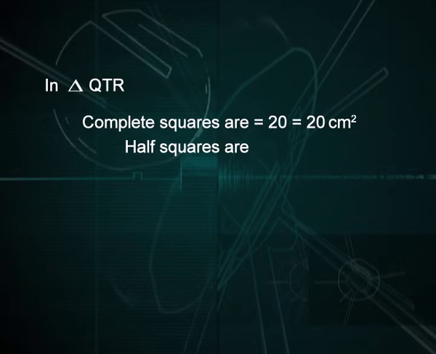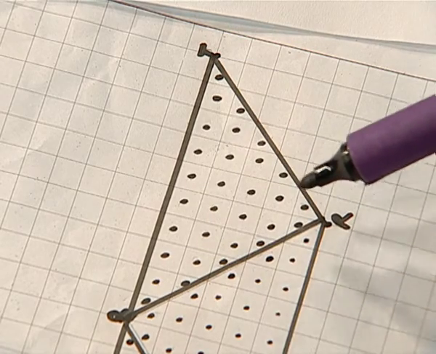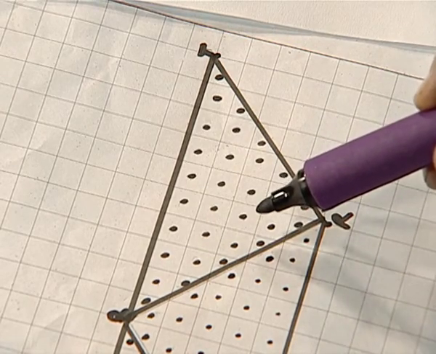So, here the number of half squares is 10, which is equal to 5 centimeter square. So, again when we add up these two figures, we find 25 centimeter square. So, the area of triangle QTR is 25 centimeter square.